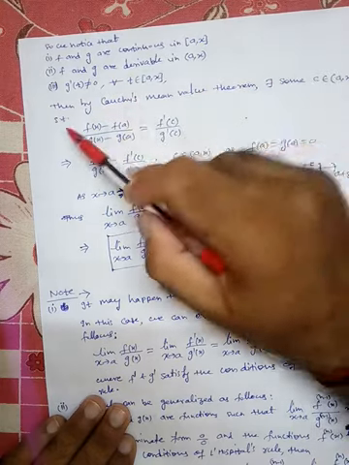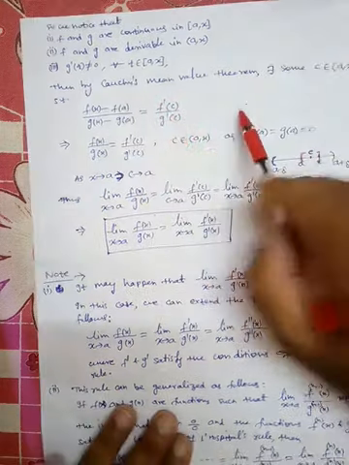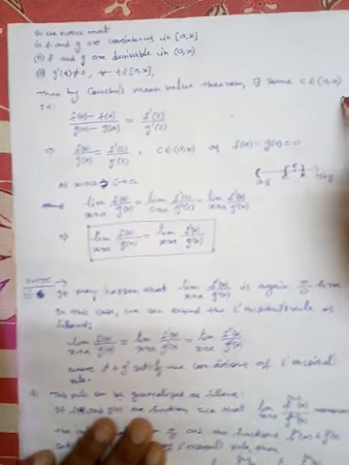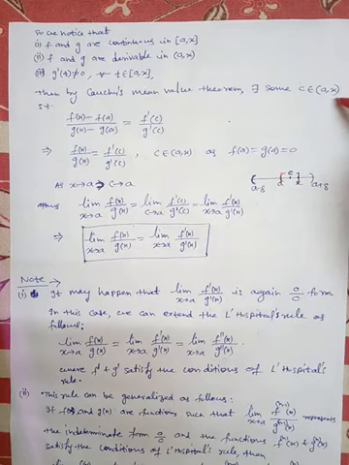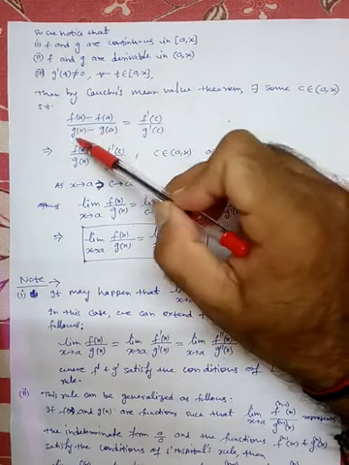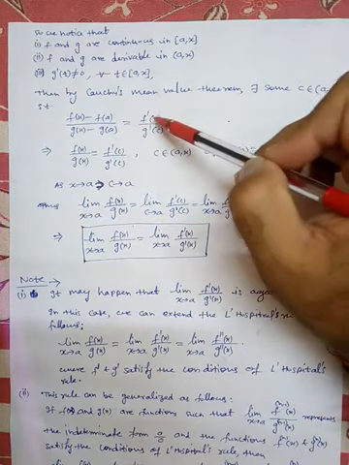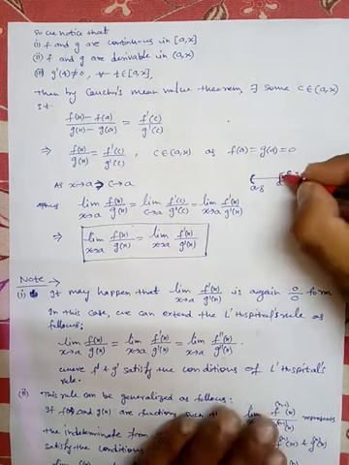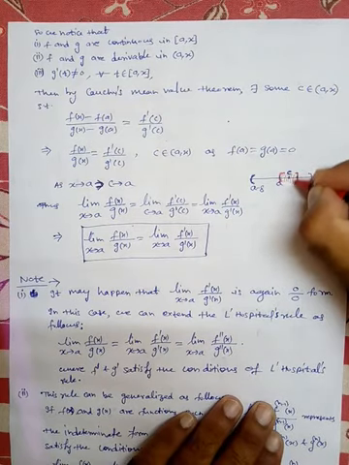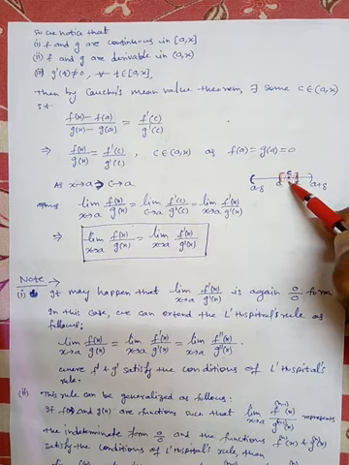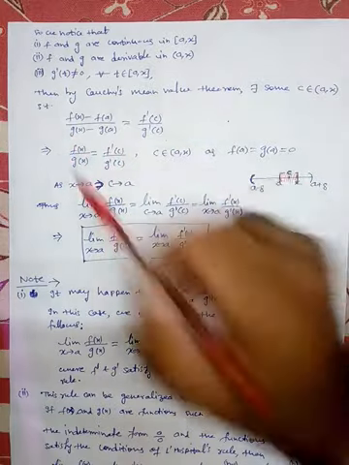Okay, then by Cauchy mean value theorem, there exists some point C in this open interval a to x, such that f of x minus f of a divided by g of x minus g of a is equal to f dash c divided by g dash c. So you can see that in this red interval we have some point C here, such that this condition holds.